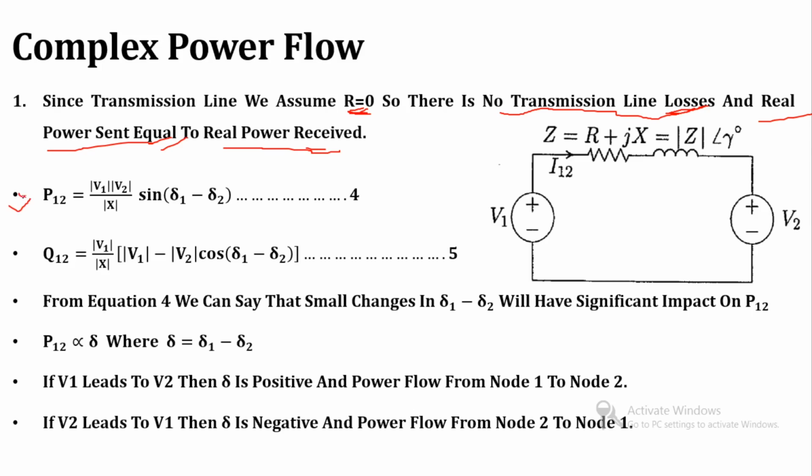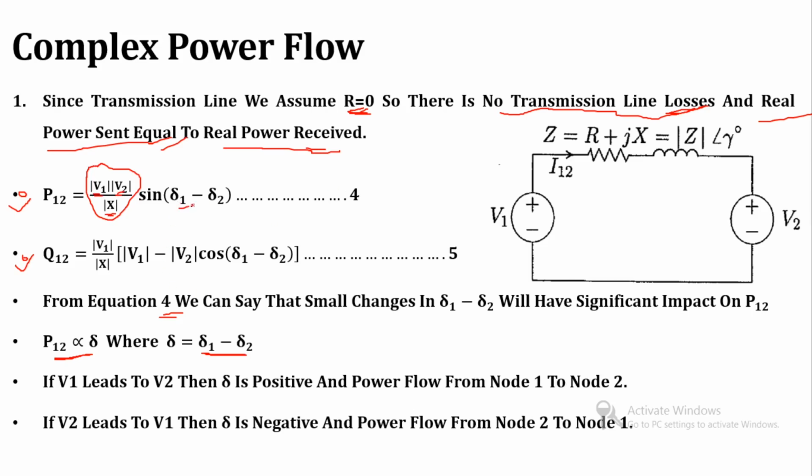So this is the equation of P12 and Q12. Now from equation 4 we can say that active power is proportional to the angle delta. Let us consider delta equal to delta 1 minus delta 2, because for any transmission line the voltage will remain constant, and the transmission line impedance is also not changed.